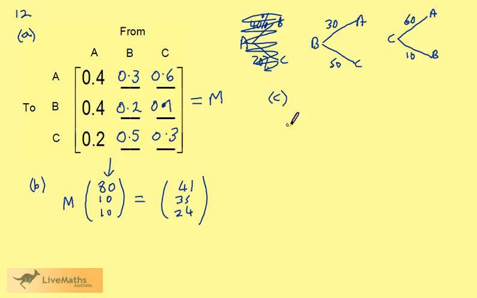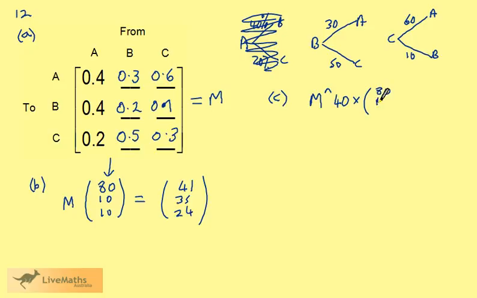In part C, we're asked if the conditions remain unchanged, what will be the long-term percentage market share? All we need to do is take a suitably high power of the matrix M. Probably anything 20 or upwards will be okay.